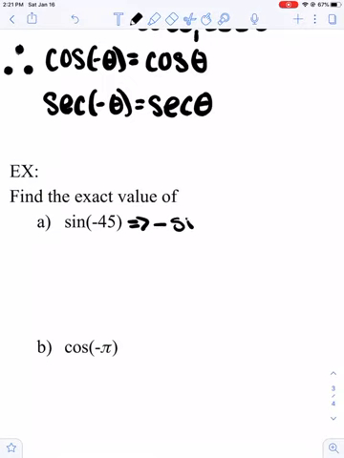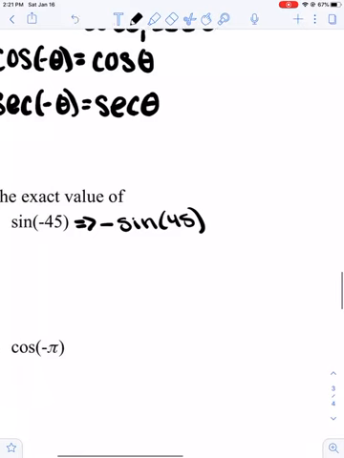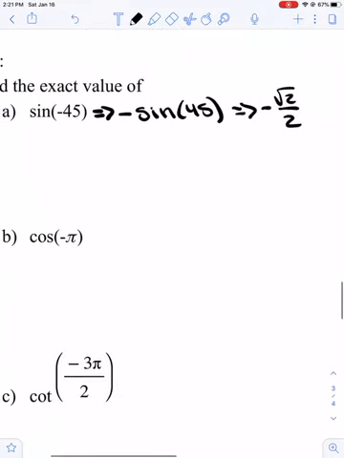So it's really negative times sine of 45. And the sine of 45 is square root 2 over 2. And then it's negative because of that negative in front. So negative square root 2 over 2.